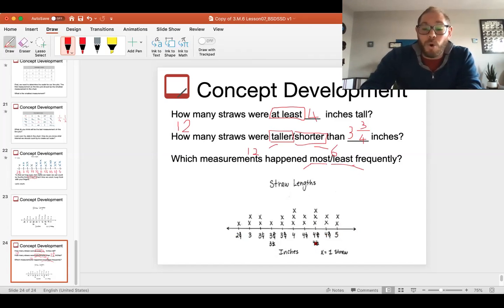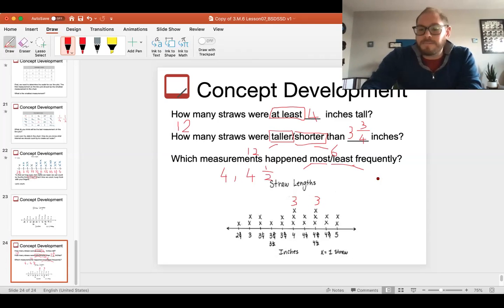Well, I know 4 1/2 had 3 X's. And I know 4 also had 3 X's. So I could say 4 1/2 were the most. No other straw length has the same or more X's.